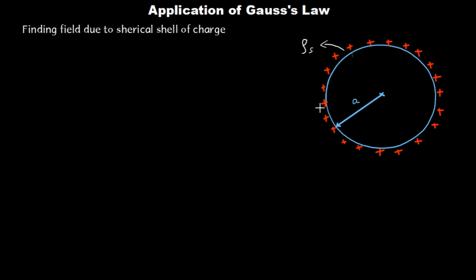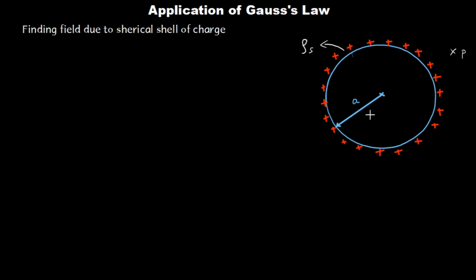Now see that the distance from the center can be inside this shell. I can have a point P somewhere here, which is inside the shell, or I can have this point on the shell such that the distance of this point P from the center is the same as the radius of the sphere, or I can have this point somewhere outside the sphere also.